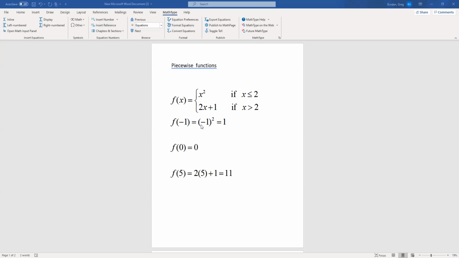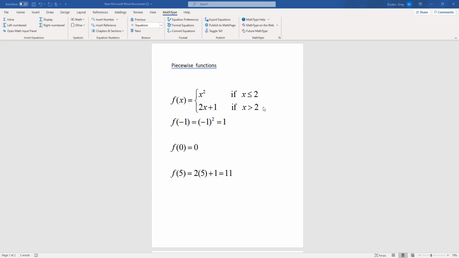So f of -1 is the square of -1, which is 1. In the same way, f of 0 would be 0 because 0 squared is 0. If we were looking at f of 1.999, you would square 1.999, which is going to take you pretty close to 4, just a bit shy of 4.